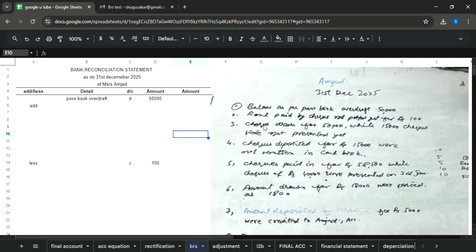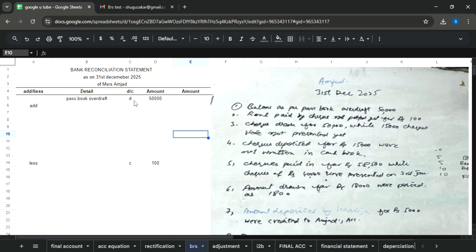Now the third entry, checks drawn. As you know, checks drawn are issued checks, and we will search for unpresented or not presented checks. For rupees 50,000, while 15,000 checks were not presented. Look at this. What we were searching for is already present in your question. Not presented was required to be searched, and an amount of 15,000 was not presented.